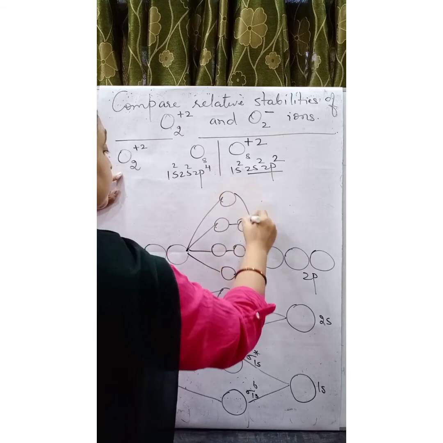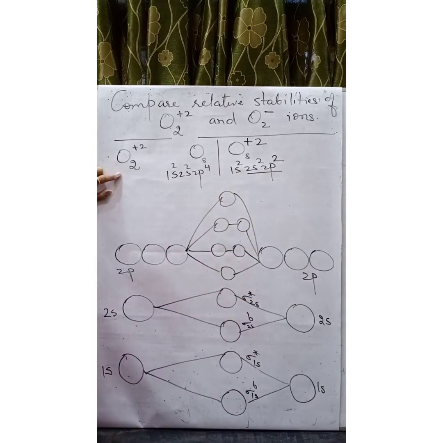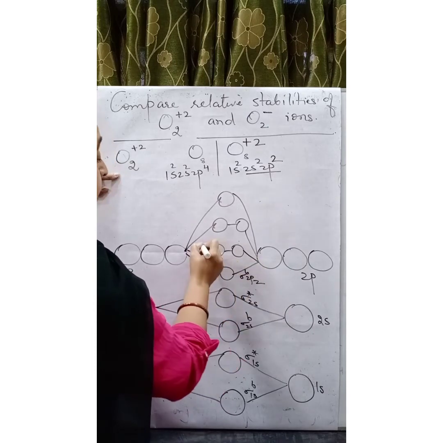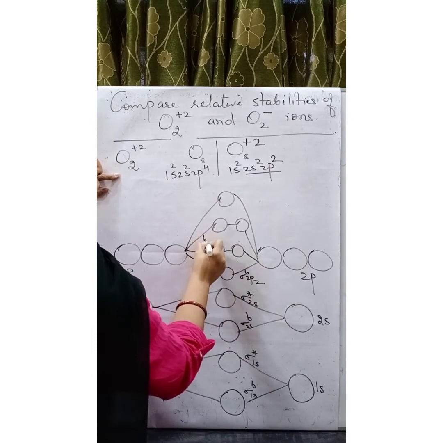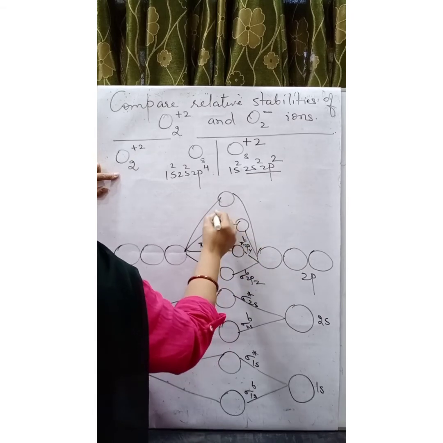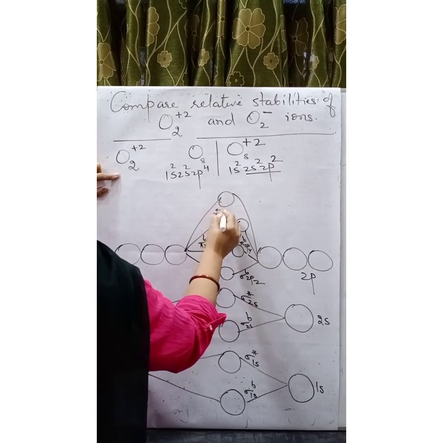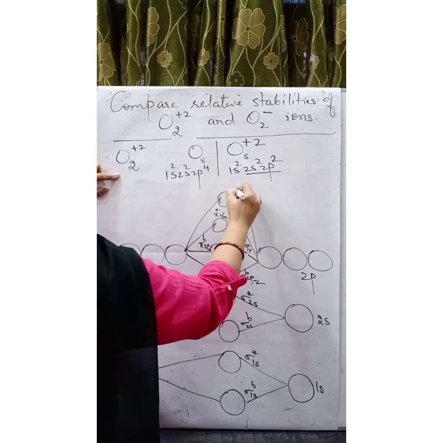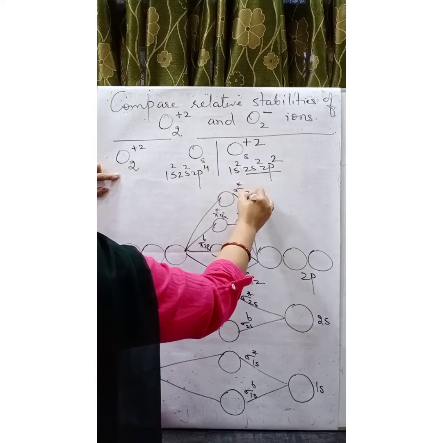So we have drawn like this. This is sigma bonding 2pz. This is pi bonding 2px, pi bonding 2py. This is pi anti-bonding 2px, pi anti-bonding 2py, and sigma anti-bonding 2pz.